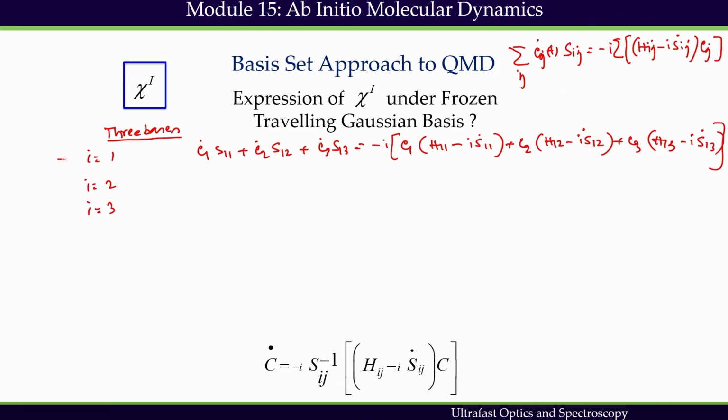This is the expression we get for the first one, I equals 1, then I equals 2. The procedure is exactly the same as the one we followed previously.